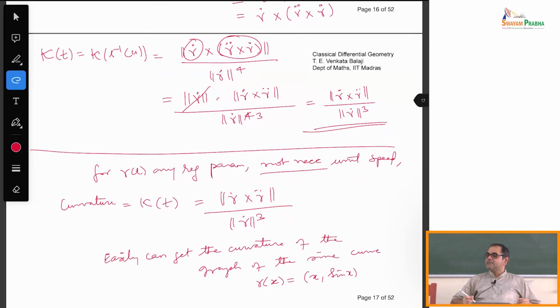With this you can easily do it, but as I explained to you, it's impossible to do it with the definition where you take a unit speed reparametrization, then take the second rate of change and then take its magnitude. So you see this is very direct.